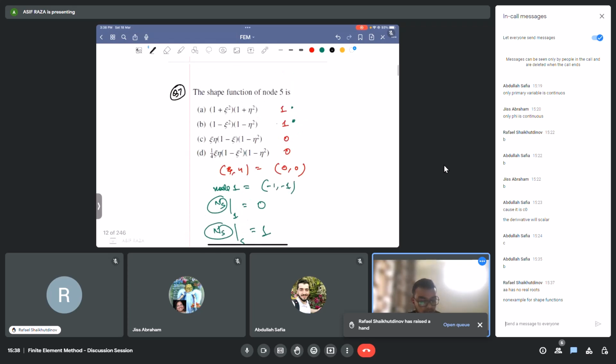Again, when we substitute the xi eta value of node 1, the value of the shape function at node 1 should come out to be 0, but for this it came out to be 4, and this came out to be 0. So this matches now, and we can say for sure that this will be my correct answer.